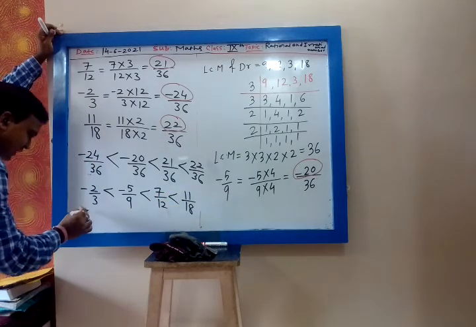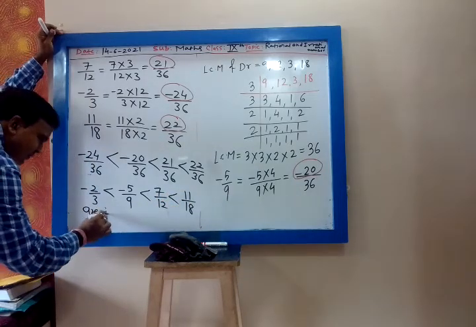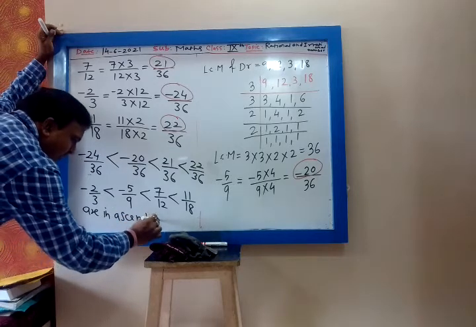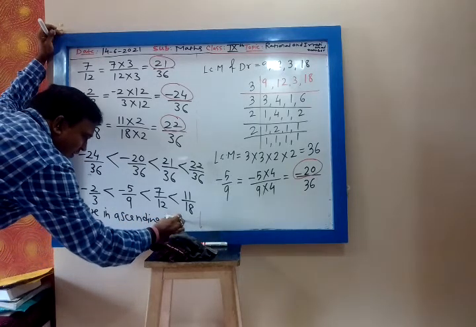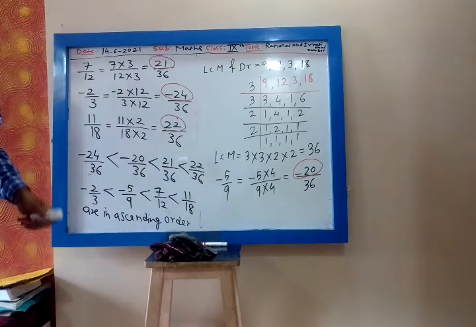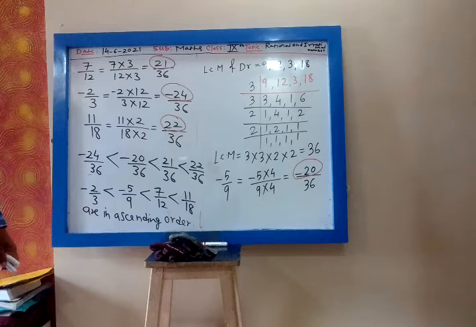So these are in ascending order, meaning smaller to bigger. We have arranged these numbers in the ascending order. So our first job is over. Our first job was to arrange these numbers in the ascending order.